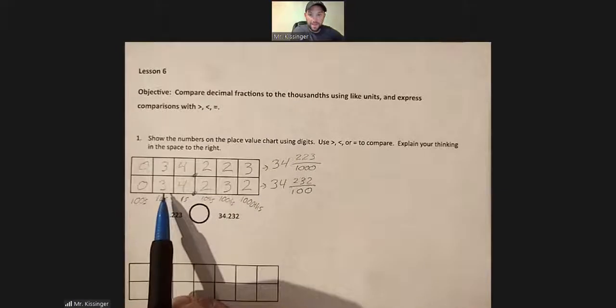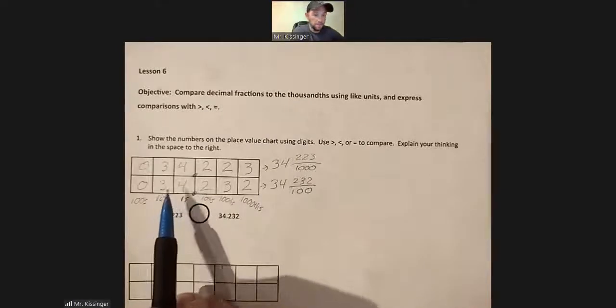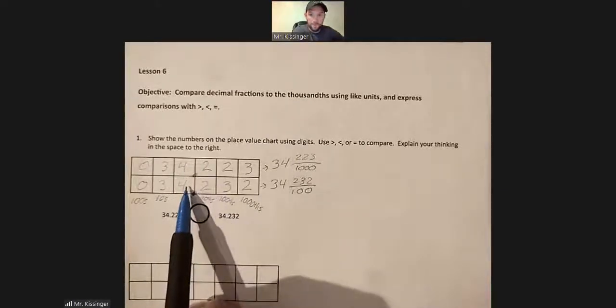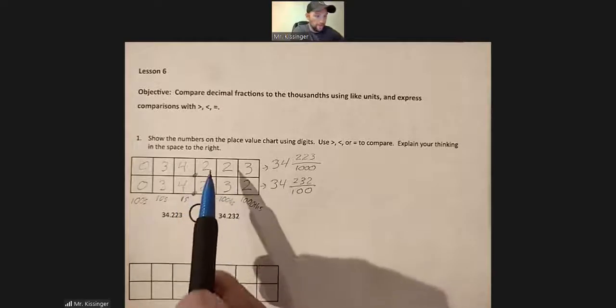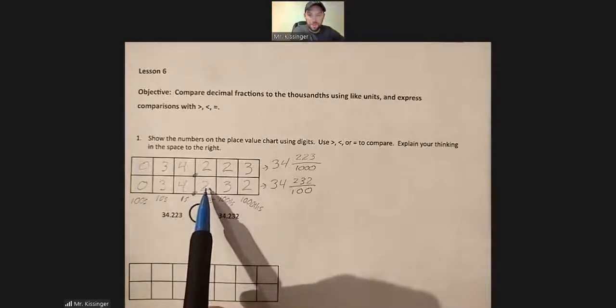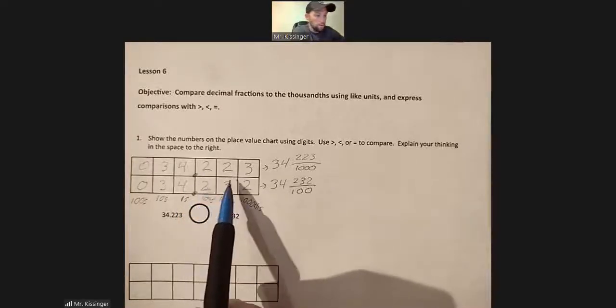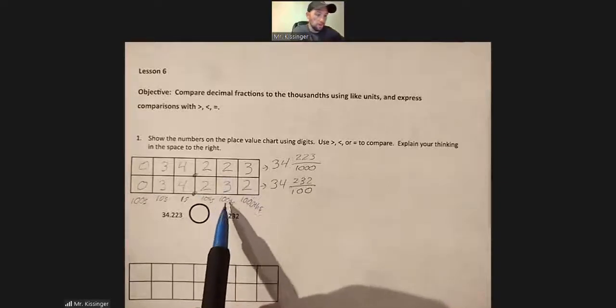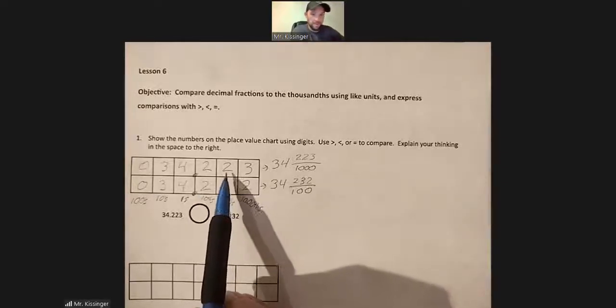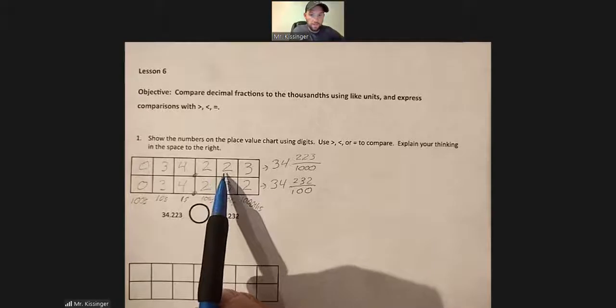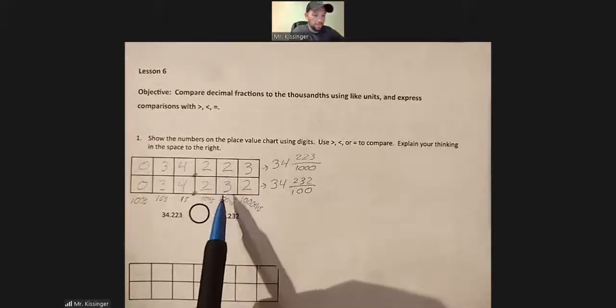So we'll start with our hundreds, 0 and 0. We have 3 and 3 in our tens place. We have 4 and 4 in our ones place. We have 2 and 2 in our tenths place. So everything is the same so far. Now we go to our hundredths place, and we have a 2 in our hundredths on this top number, and we have a 3 in our hundredths place in our bottom number.